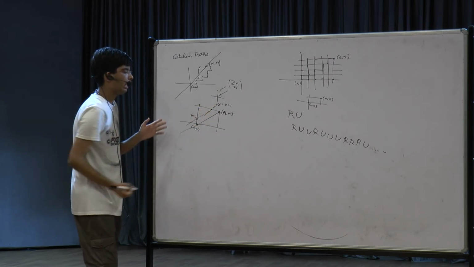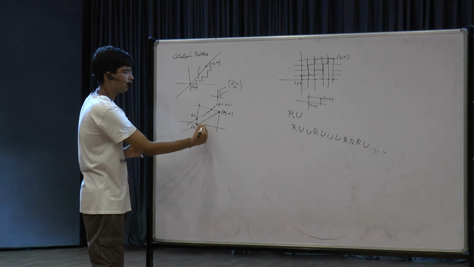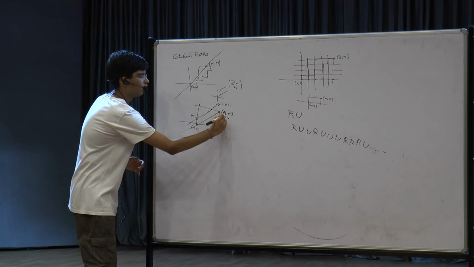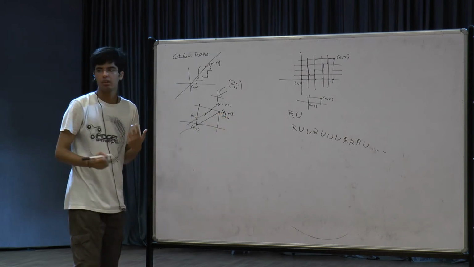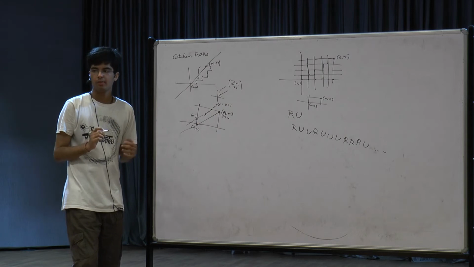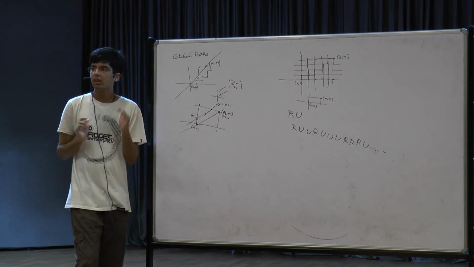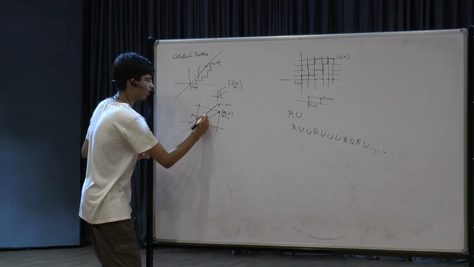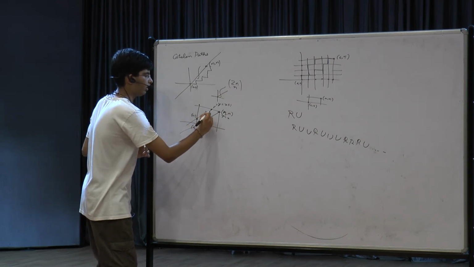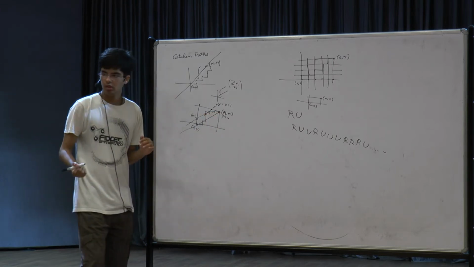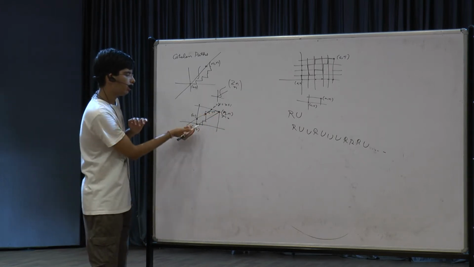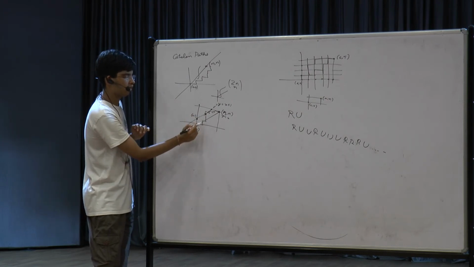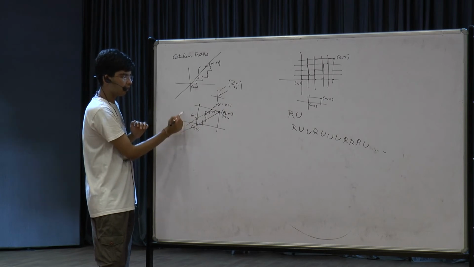Any path that crosses the line y equals x will have to touch this line at least. It may still cross it, but it'll have to touch it. And the first time it touches this line, we stop there. So suppose a path touches this line here for the first time, and then it does whatever it wants. Now what we do is we look at this portion of the path, and we reflect it in the line y equals x plus 1.